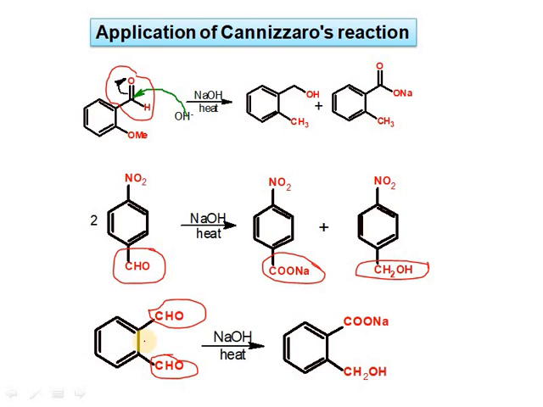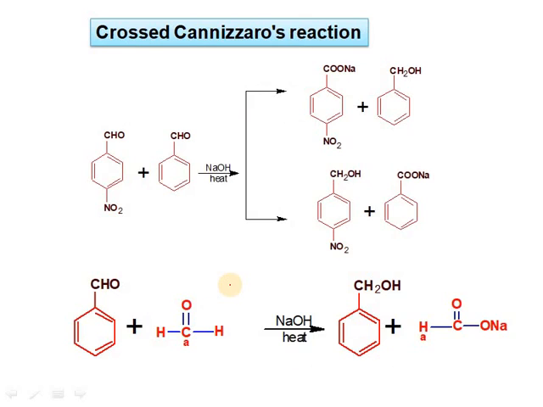Therefore, only one group reacts: one aldehyde group converts to the sodium salt of the acid, and the other aldehyde group is converted to the alcohol, CH2OH. So these are the applications of the Cannizzaro reaction.